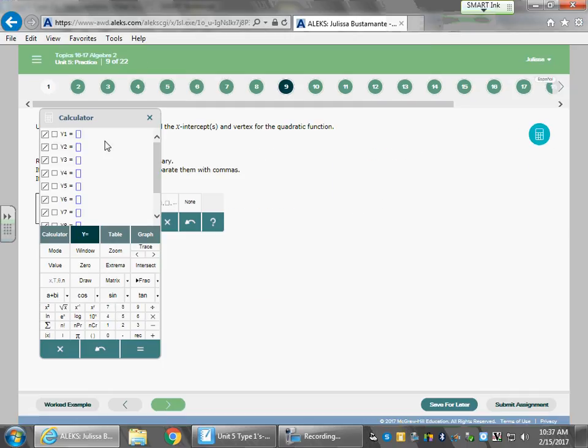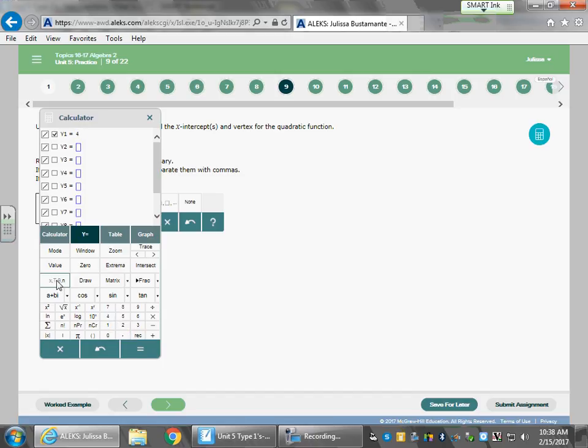There it is. Okay, so we're going to type in the function 4x squared. So 4, help if I was in the box. There we go. 4x squared.